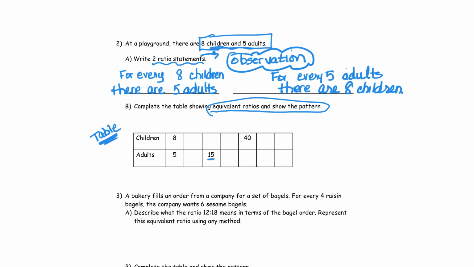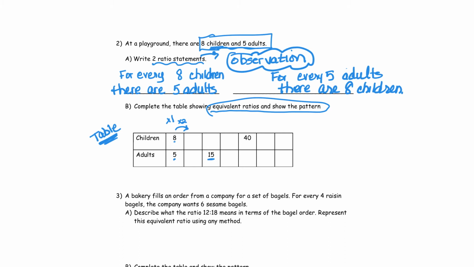So when I think in terms of patterns, what's going to happen is if I have one ratio or my first set, it's going to be, so basically times 1, I have 8 children and 5 adults. Now, what if I double that and I make that times 2? What do I get after that?